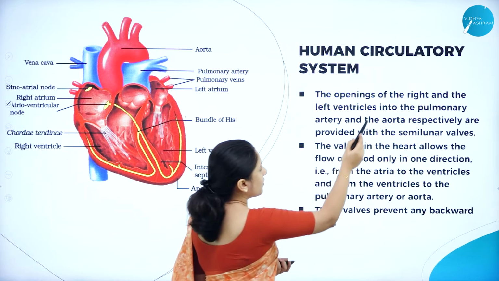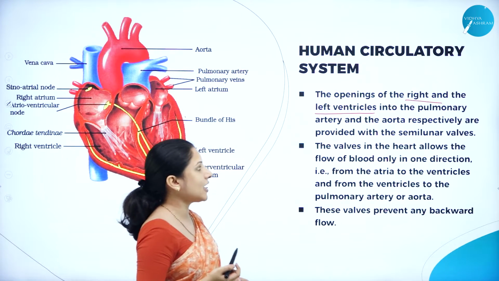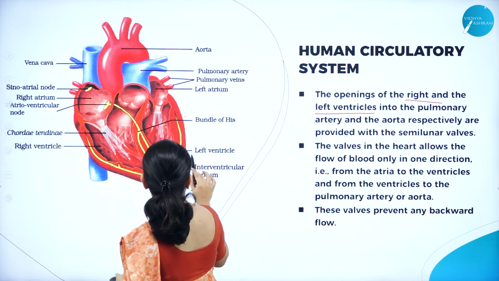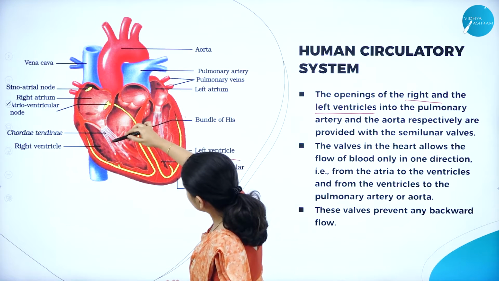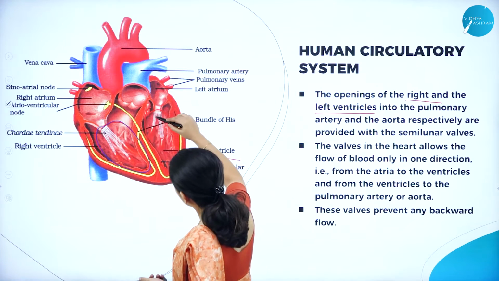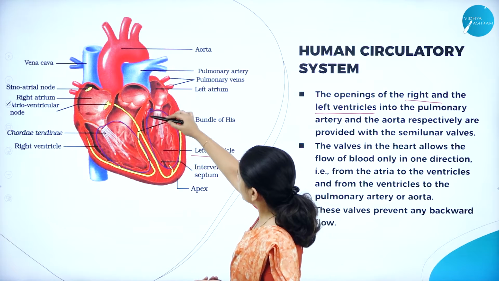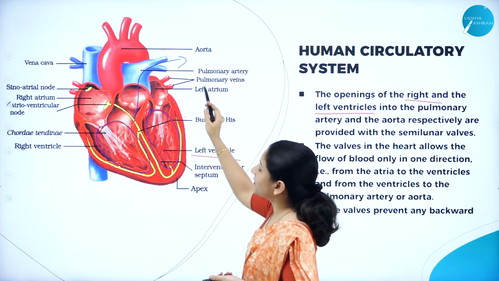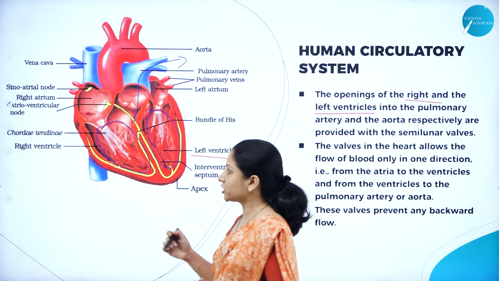If you can see here, there are 2 ventricular chambers, the right ventricle and the left ventricle. These are connected to a pulmonary artery. This pulmonary artery is connected to the lungs, because it is from there that they have to carry the oxygenated blood.